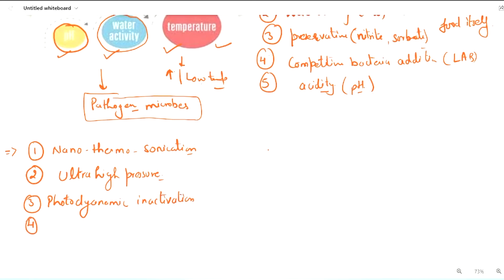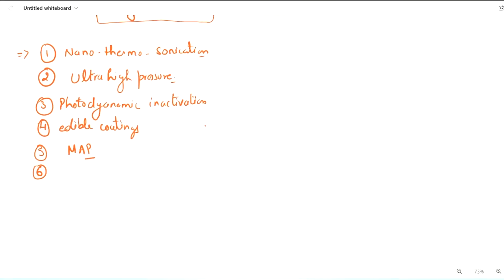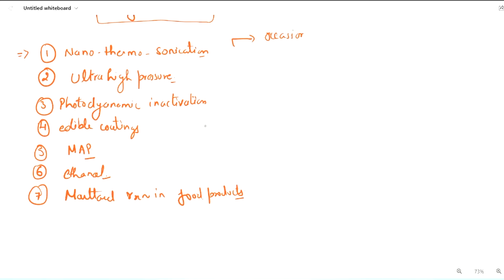Fourth hurdle is edible coating. Fifth hurdle is modified atmosphere packaging. Sixth is treatment with ethanol. Seventh hurdle is the Maillard reaction in food products. So these are the novel hurdles, which are also used occasionally, depending on the food product.